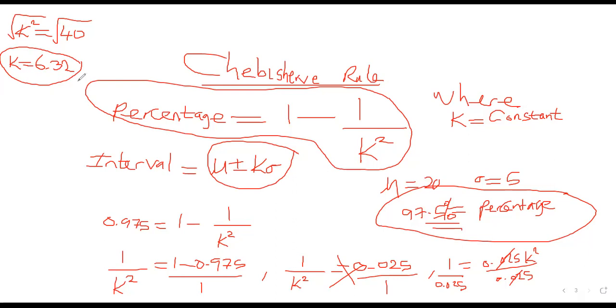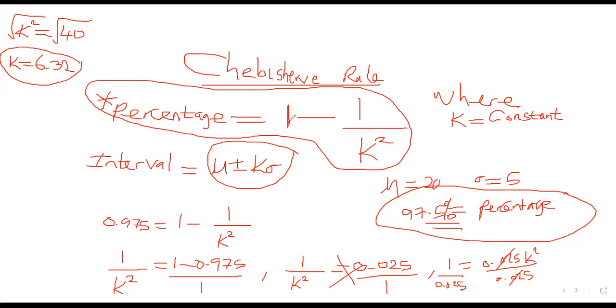Okay, where are you behind? Just how in the 1 over K squared is equal to 1 minus 0.975 over 1? Okay, but have you seen this star here, the formula for Chebyshev? Percentage is equal to 1 minus 1 over K square. Yes, I've seen that.